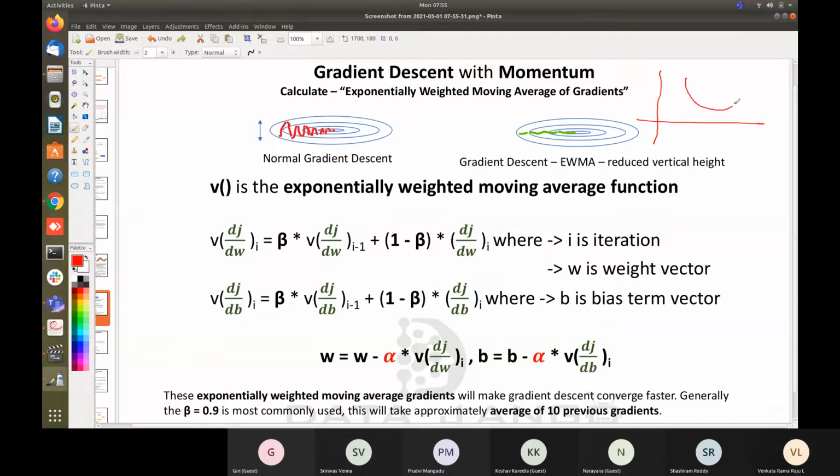Suppose that this is theta and this is j of theta. And if there is theta 1 and there is theta 2 also, then what happens? This becomes a bowl, right?